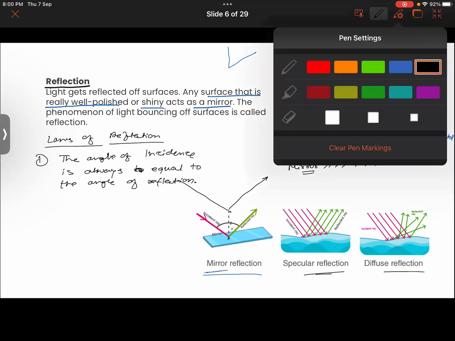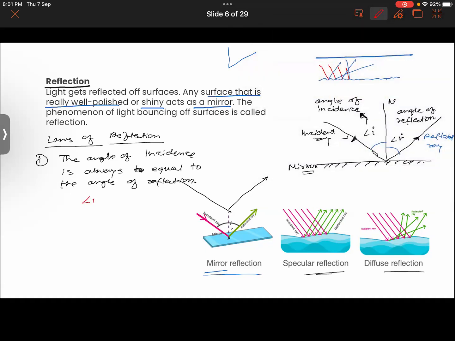Getting it now? So it simply means that the angle of incidence is equal to the angle of reflection. So इसे आपको याद रखना है. This is the first law of reflection. Now let's study about the second law of reflection, what it says. इसमें कोई problem आपको? Is it clear? Yes, it is clear. Okay, good.